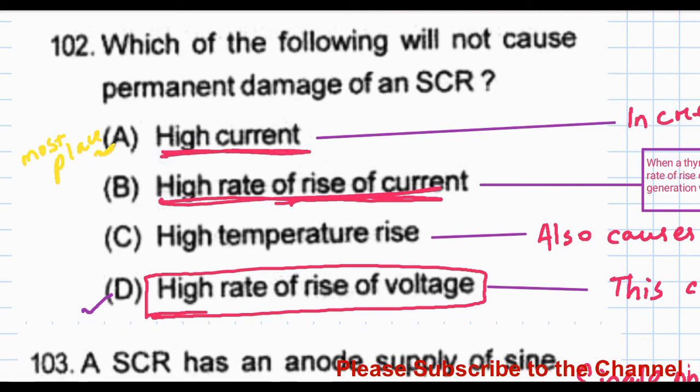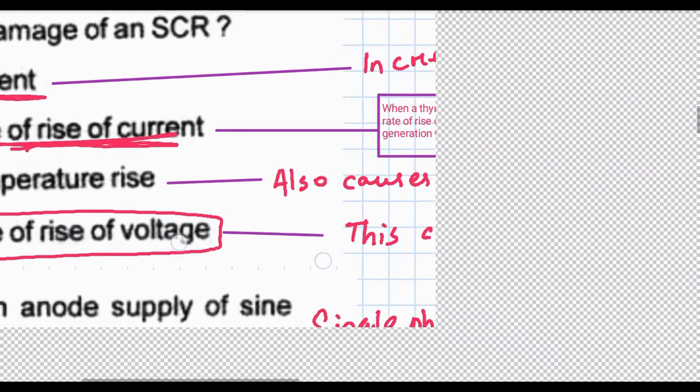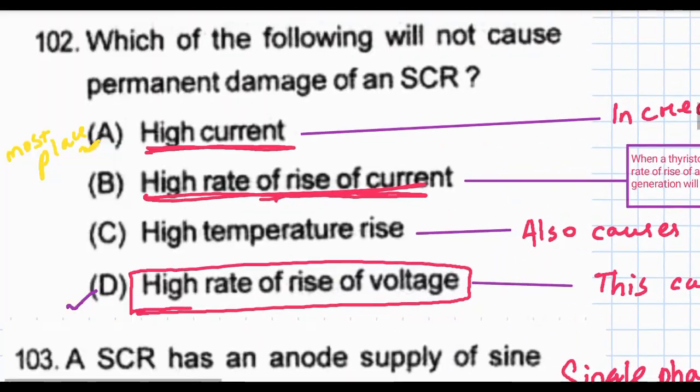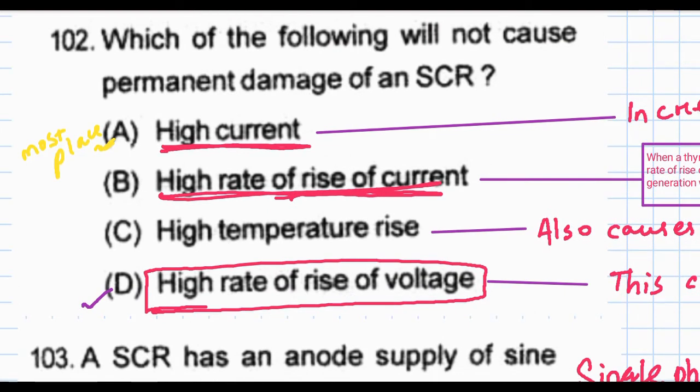And next one is high temperature rise, which also causes permanent breakdown of the junction, because as the temperature rises, maximum number of charge carriers will be available and more current will flow, and this will gradually damage that junction.